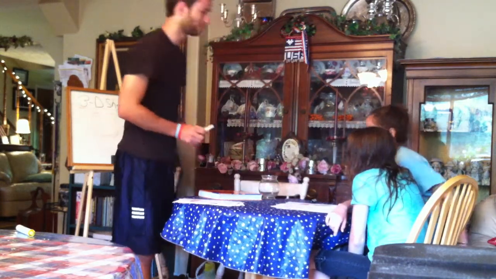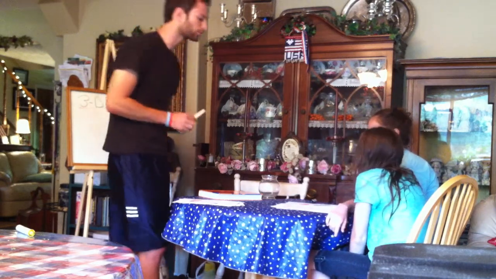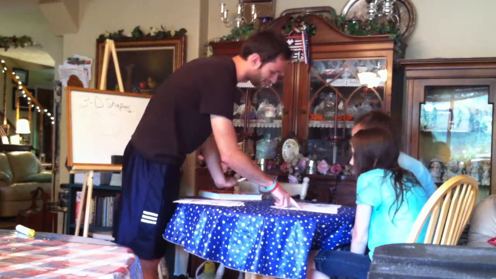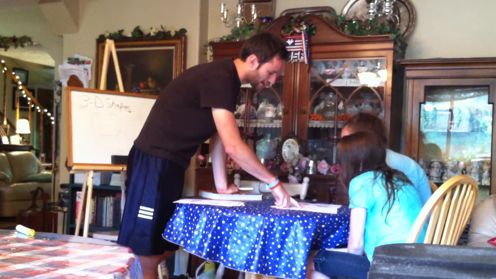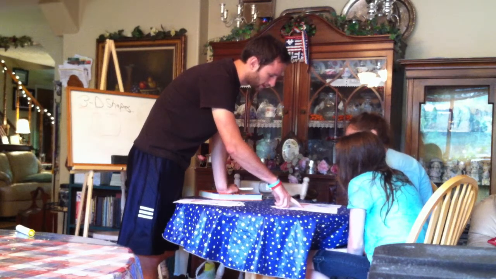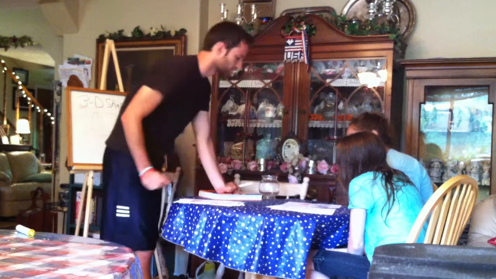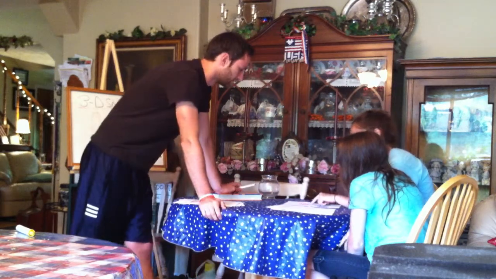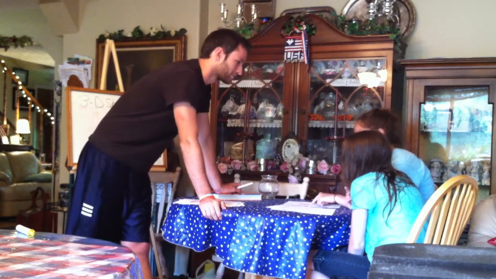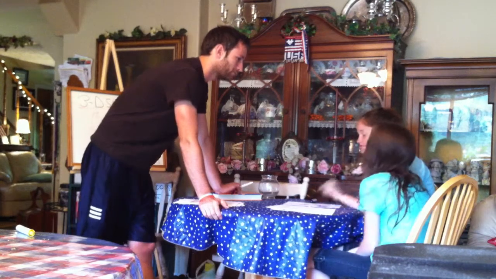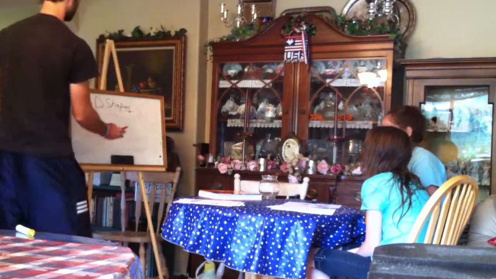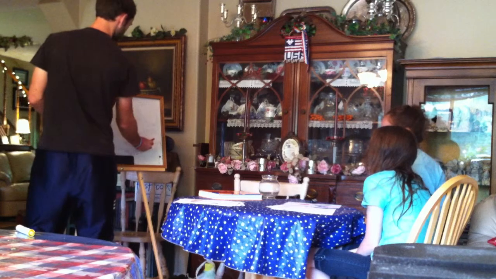Do you want to do one more, or do you think we're good? We'll try one more. Let's read this together. Sphere has a square base. So look at your cheat sheet. Where's the sphere? It's a circle. Does it have a square base? Nope. Tessa, what does a square base look like? Would a square base look like that?